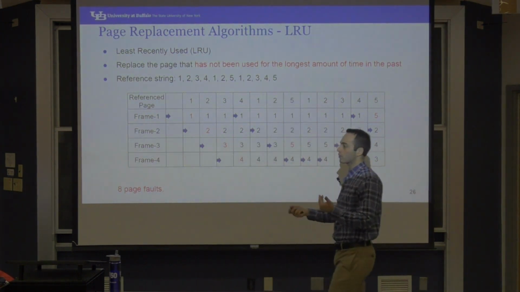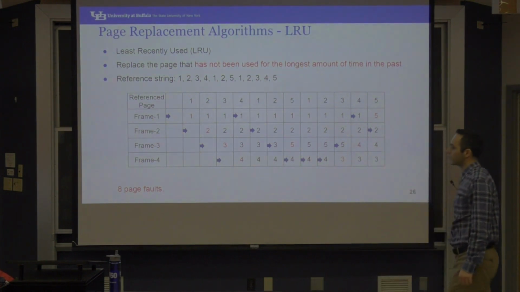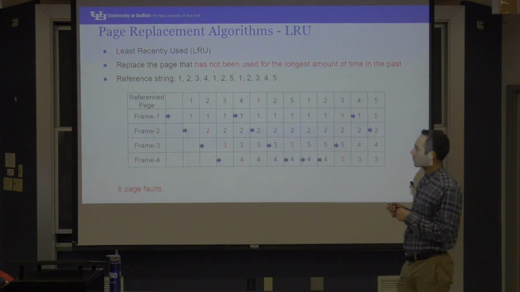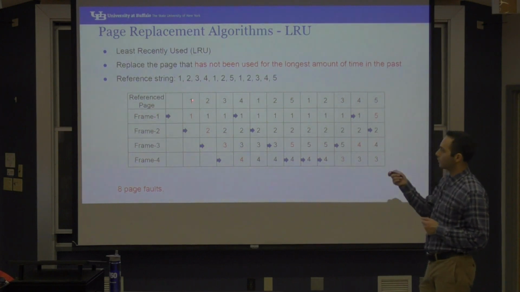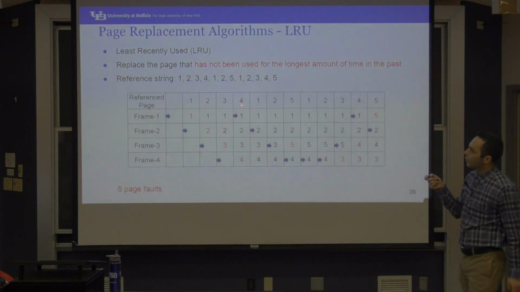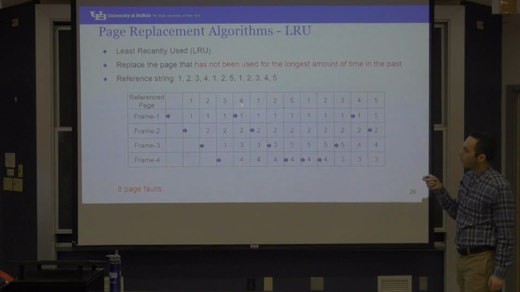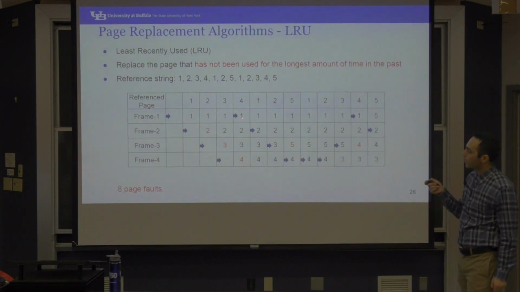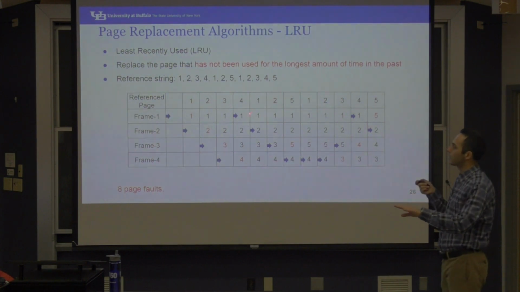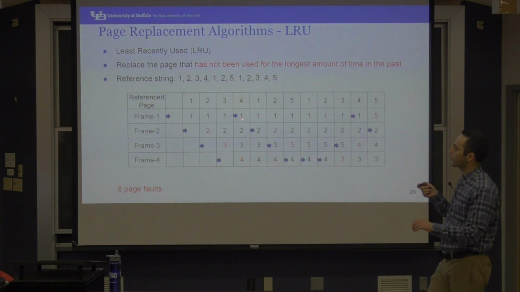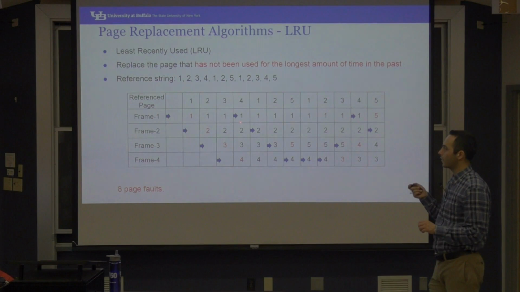That's how it's distributed. So LRU looks in the past. Let's say after the 4 pages here, amongst 1, 2, 3, 4, at this given point, 1 is the least recently used, right? So this is the one that we're going to evict.